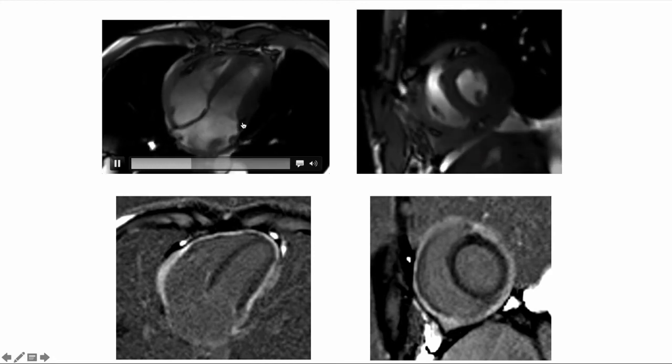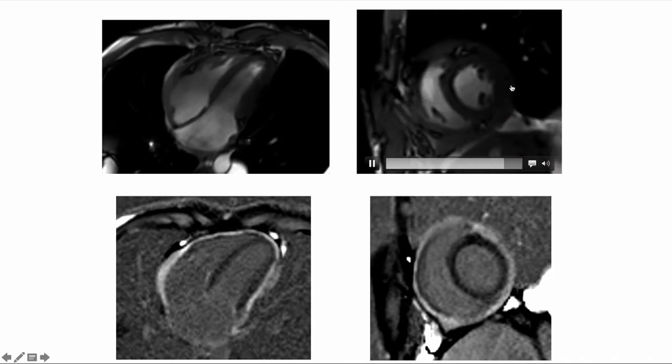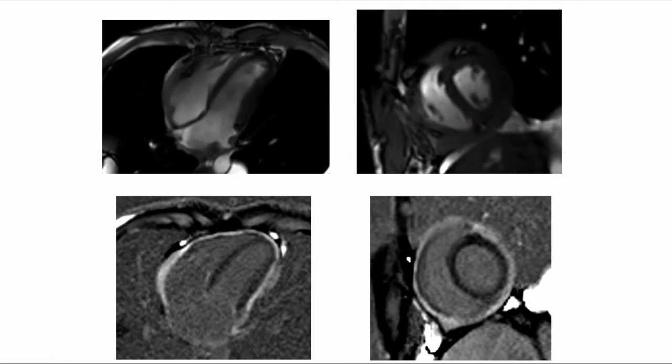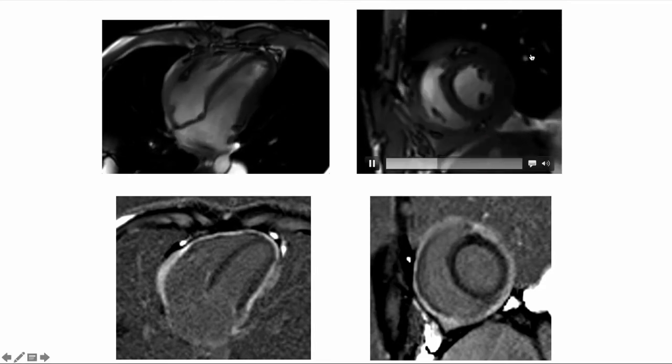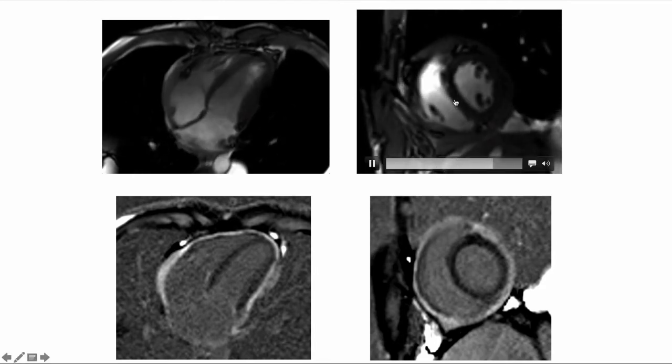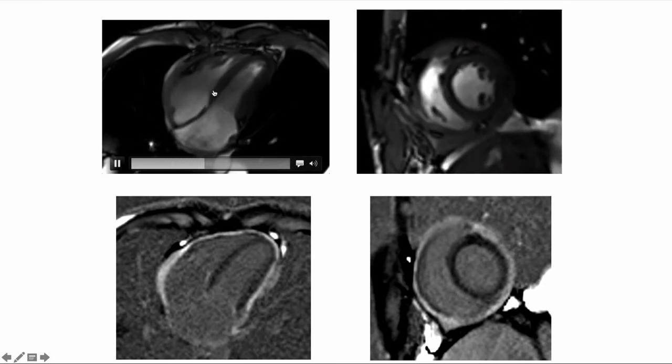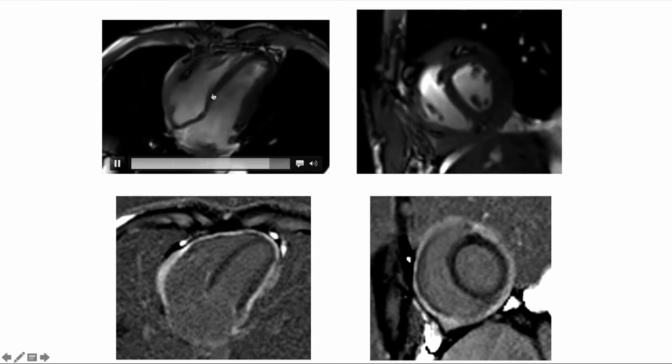Same features can also be seen in the short axis view, diffusely thickened pericardium. And one more important feature to notice in these sequences is we can see a septal bounce, which is classic of constrictive pericarditis, which is more accentuated in the basal septum. We can see that very well in the short axis also.